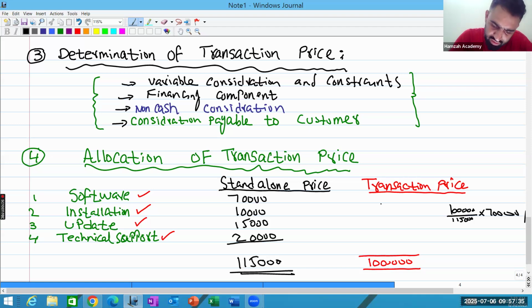So the software transaction price will be $60,870.